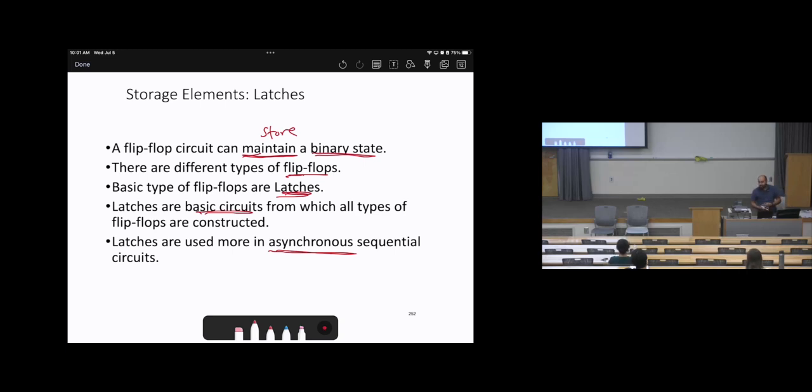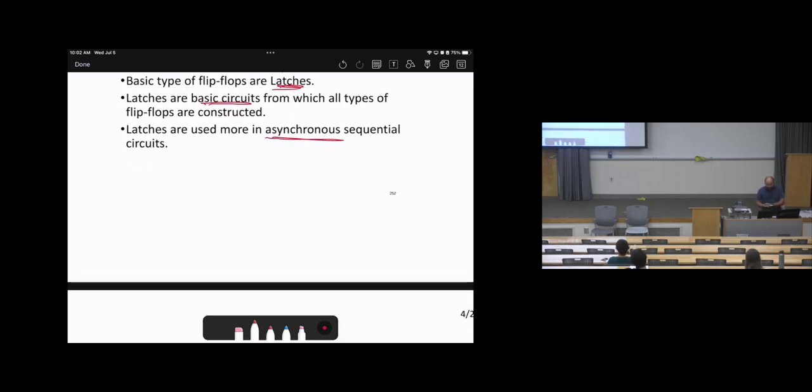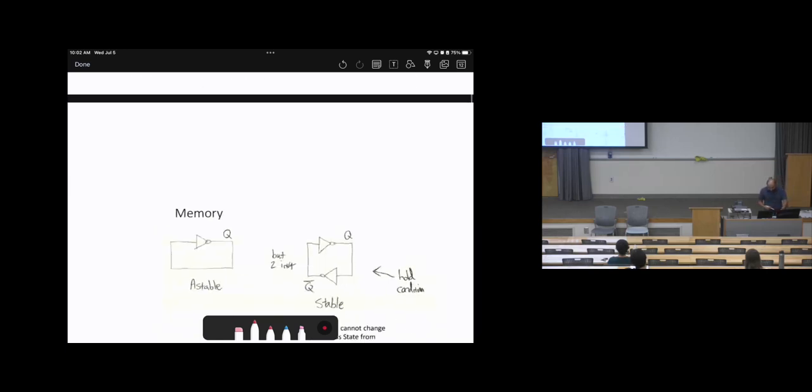Latches are the basic ones, flip-flops are the updated version and what we use in real life. Latches are most likely used in asynchronous sequential circuits, where there will be no clock, but other types of signal generators.